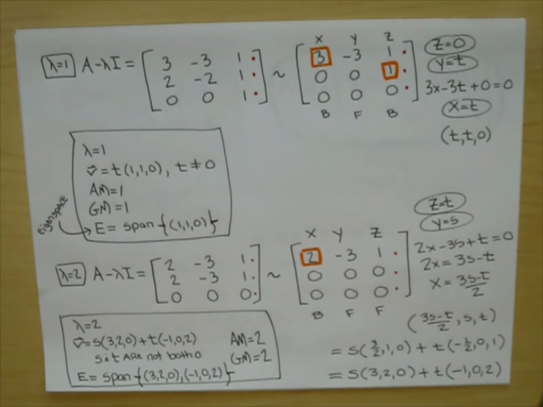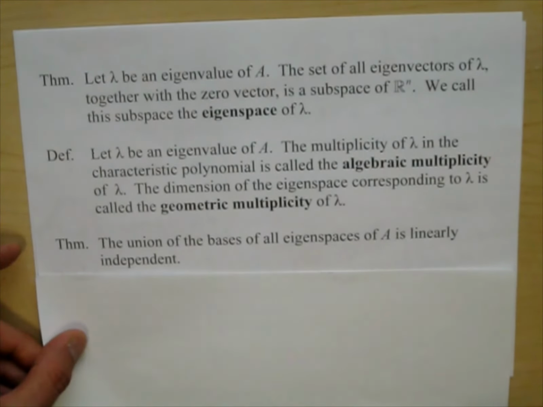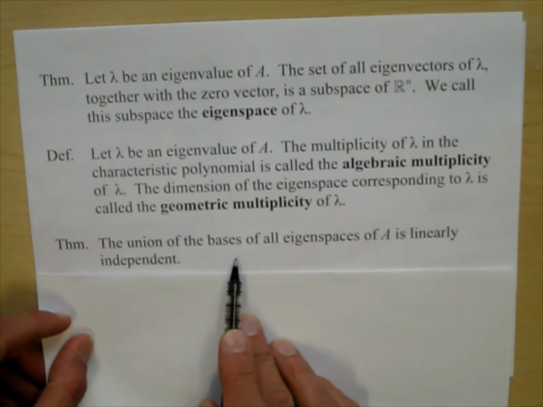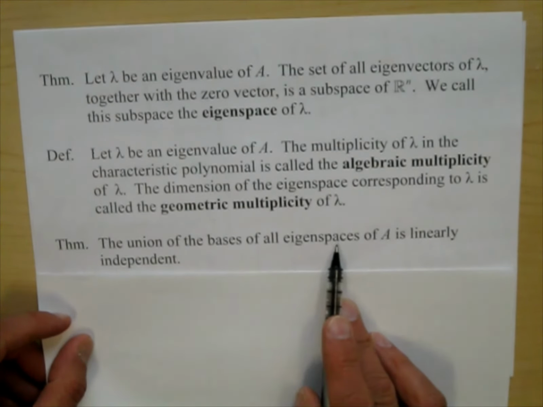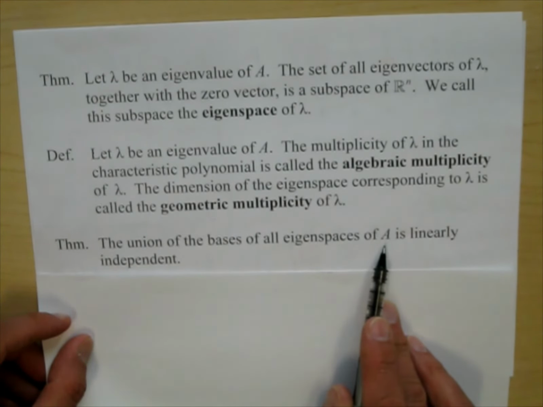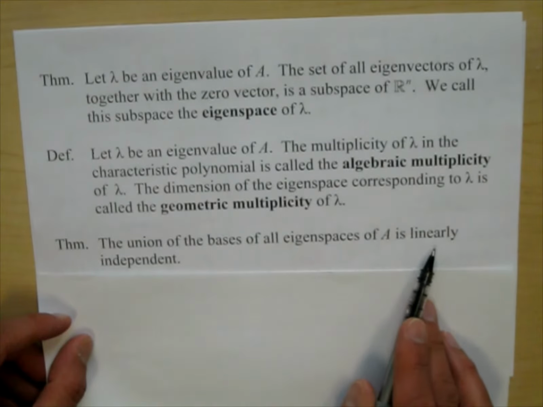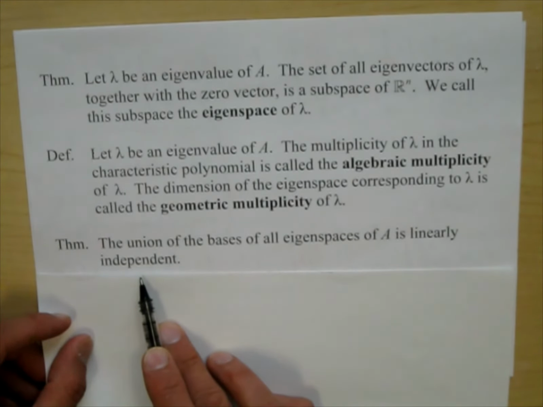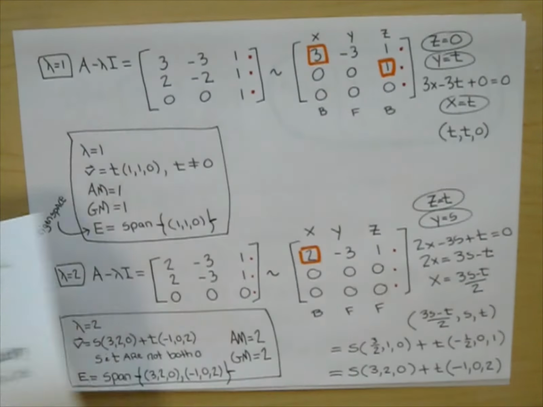So now let's look at our next theorem, and it says this. If I can find the theorem. It says the union of the bases of all eigenspaces of A is linearly independent. So what does that mean?